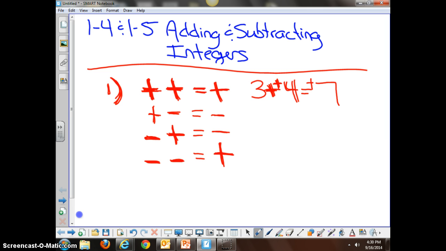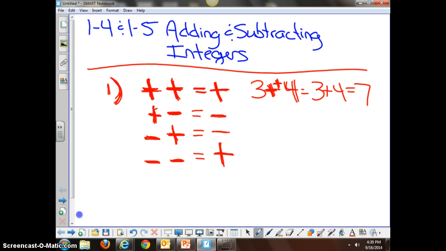Again, you wouldn't express that typically with a positive sign in front of it, but it shows that when you have two positives, you end up with a positive, or you are actually going to add 3 plus 4 equals 7. Okay? When positive or good things happen to bad people, that's a bad thing.